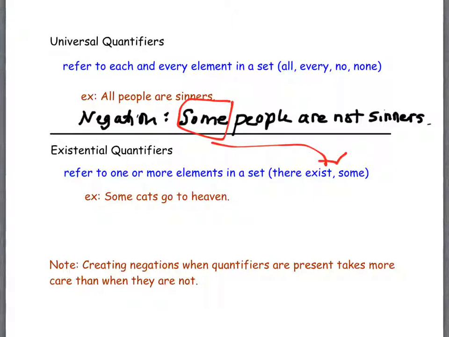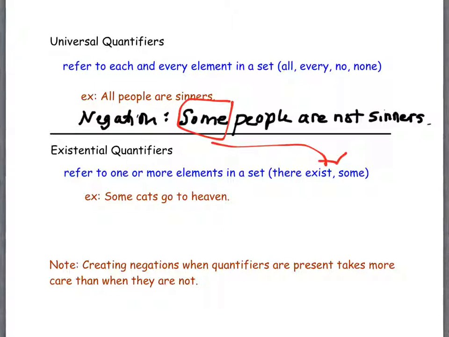Okay? All right, here's another one. This one is an existential, it's got the word some in it: some cats go to heaven. Just like a universal all becoming an existential some, I need the word some to turn into either all or none.